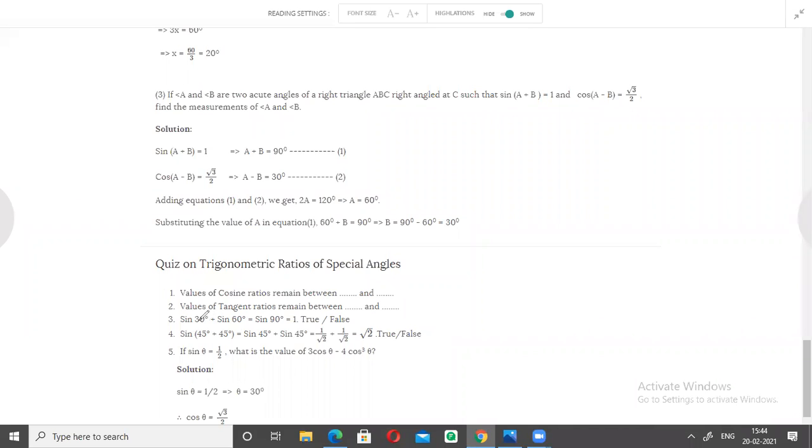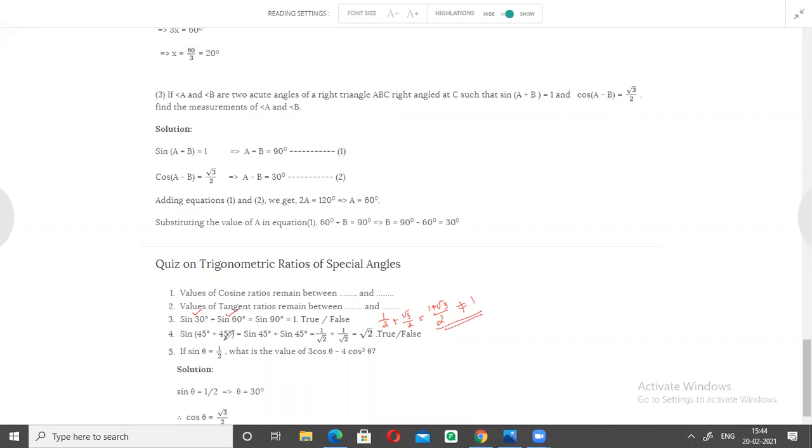So sine 30 plus sine 60 is 1 by 2 plus root 3 by 2, which is 1 plus root 3 divided by 2, not equal to 1. So it is false.